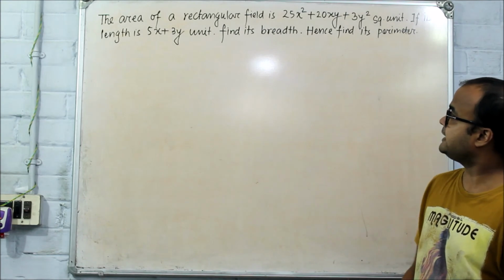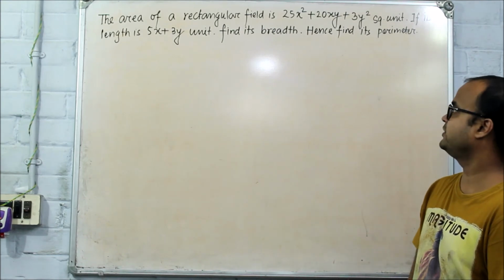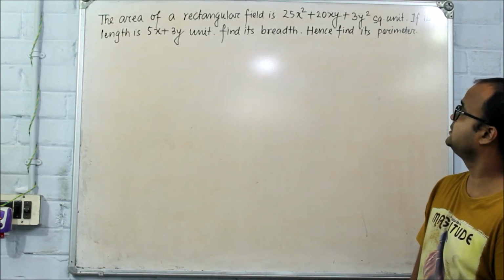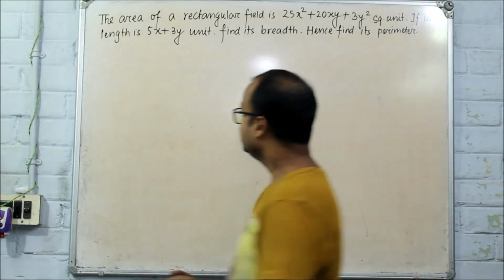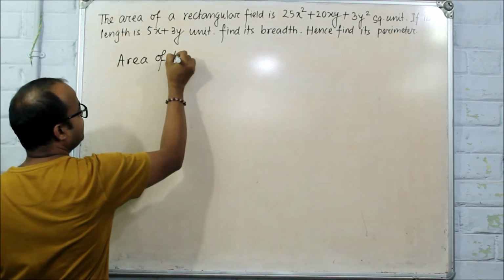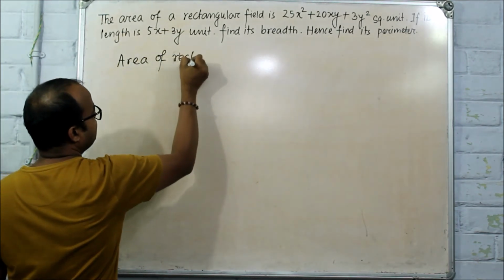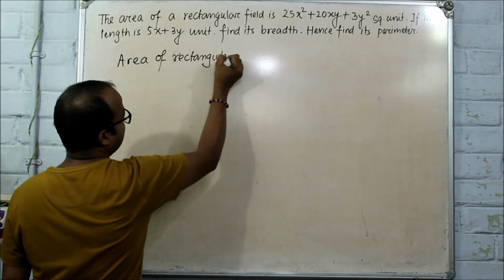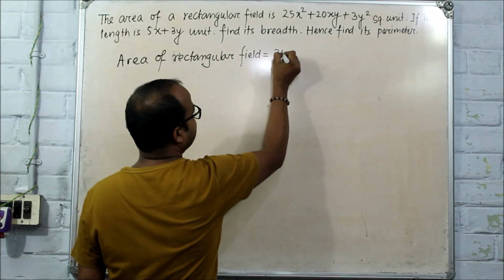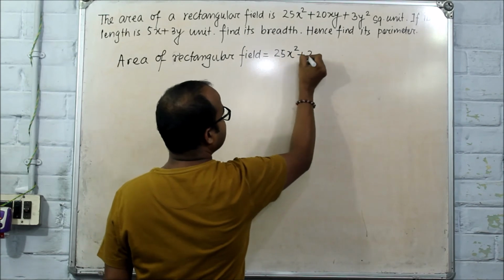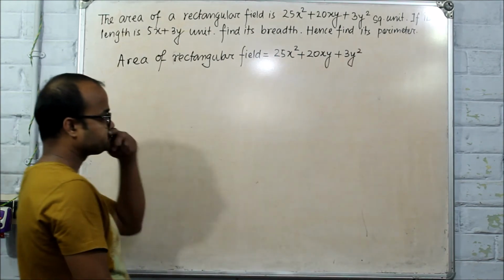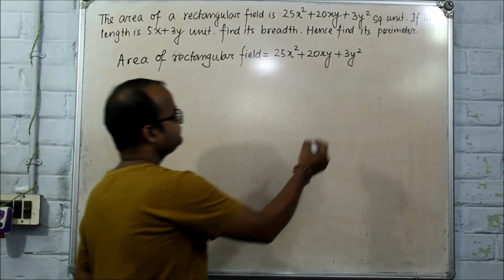The area of a rectangular field is given to you as 25x square plus 20xy plus 3y square square units.